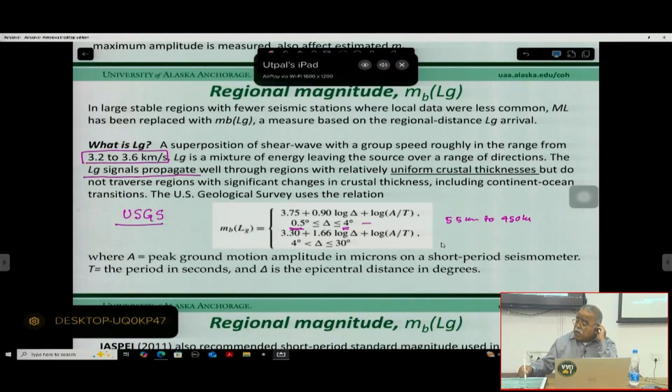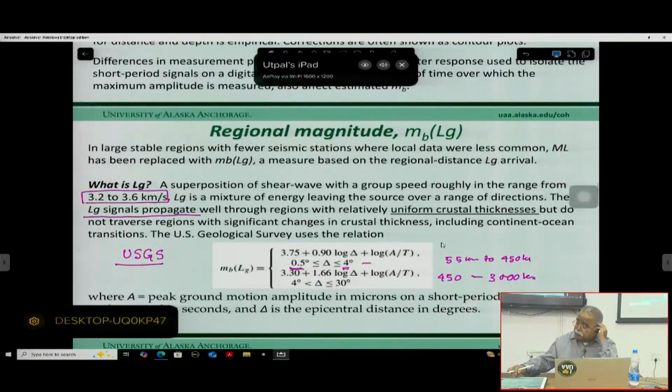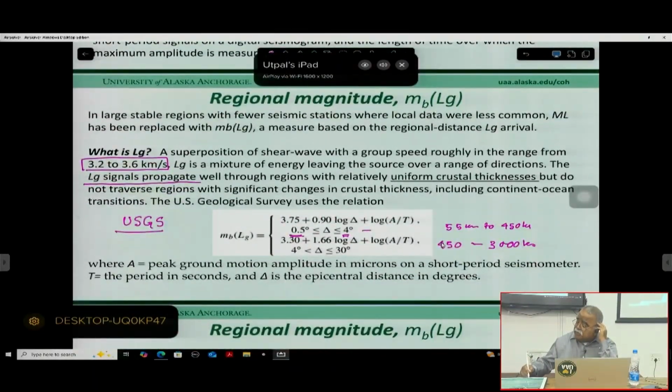And if you have a larger distance, teleseismic of course, it will be from 450 kilometers to around 3,300 kilometers that you can use. This is also in microns, and the time period is in seconds. Please remember here the delta is in degrees. Whatever delta value you use, you always have to give it in degrees.